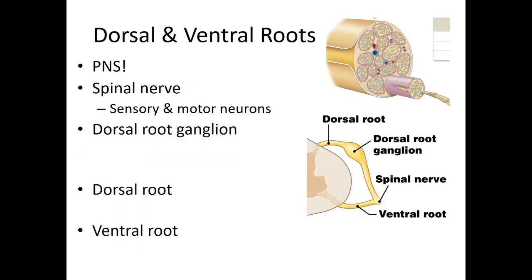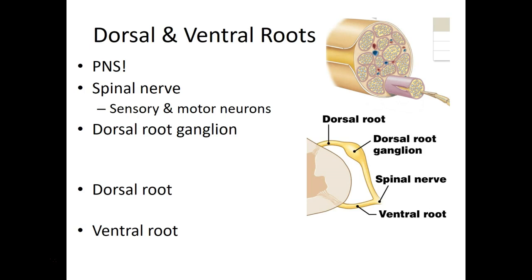Okay. So we're going to move a little bit further out from the spinal cord. So here, we're getting into the peripheral nervous system. As soon as we exit the spinal cord, we're getting to the peripheral nervous system. So here, this is our dorsal horn.